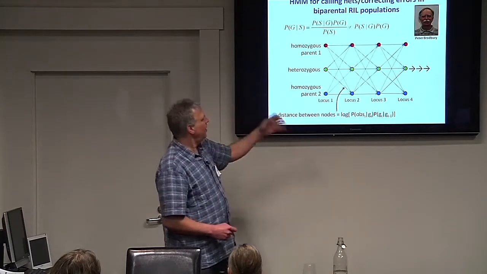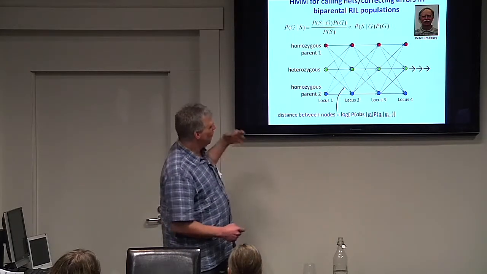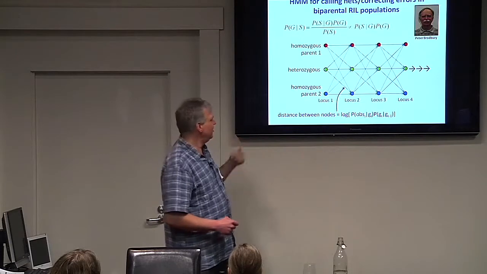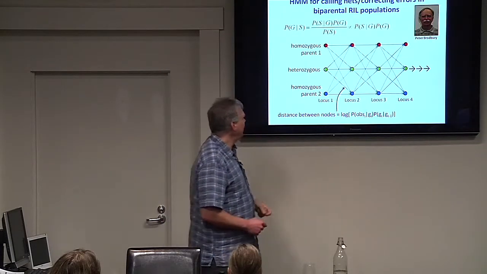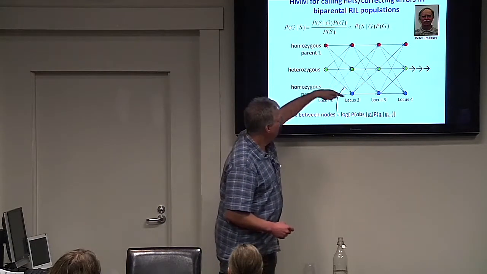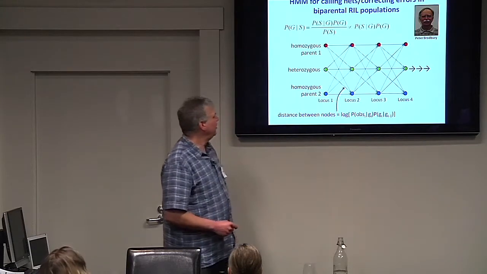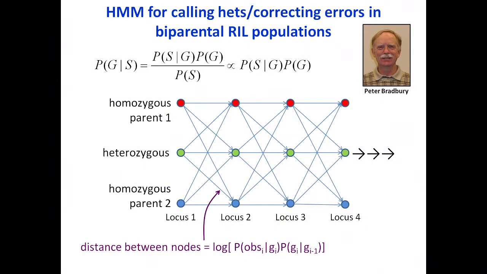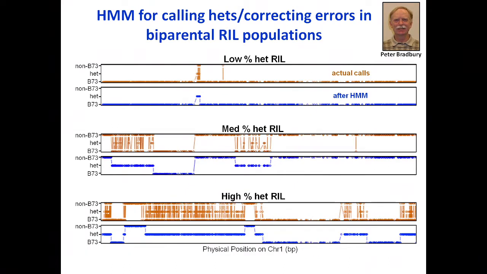Without having to walk it over and over again, it can walk through a very small number of times and figure out what the best state is. The distance between these nodes is the probability, so it finds the maximum length walk through this very efficiently. So Peter coded that up, and it works great, especially in biparental RILs. It works fabulous.